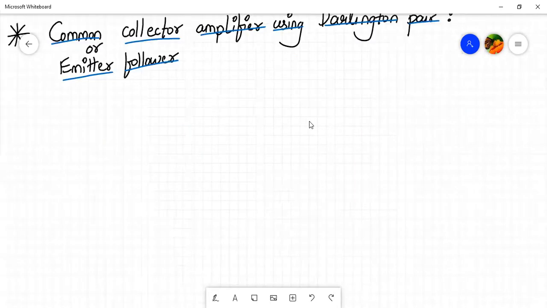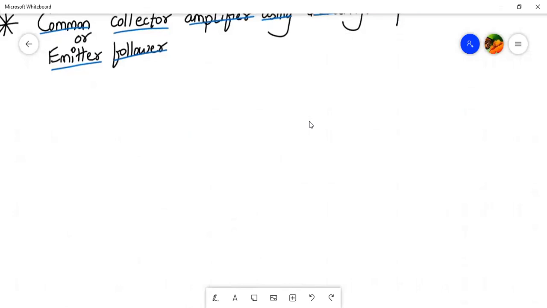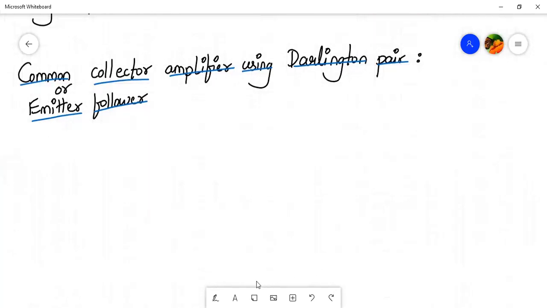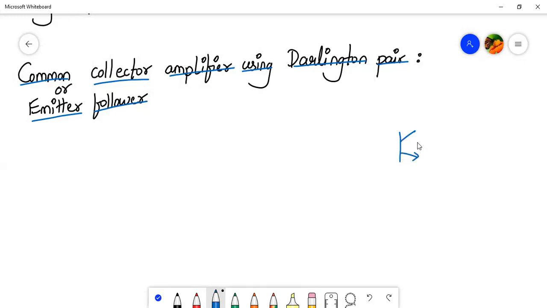All right. So let's start building up the circuit. Now, do you remember how the common collector or emitter follower configuration looks for a single stage amplifier? So let me draw it quickly. If I have a single stage amplifier, my emitter follower looks something like this. Your collector is directly connected to VCC.